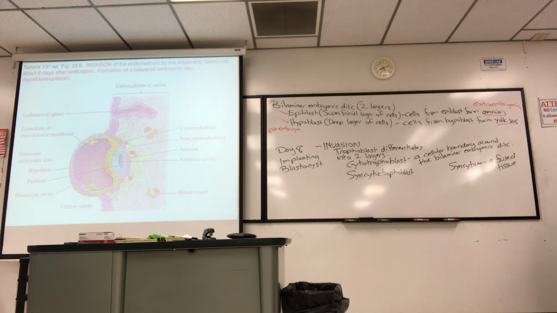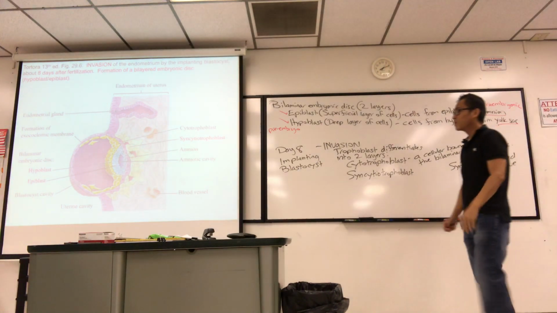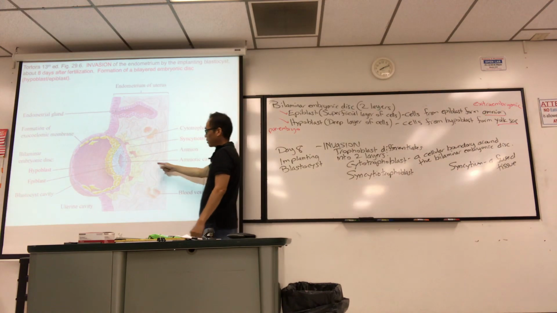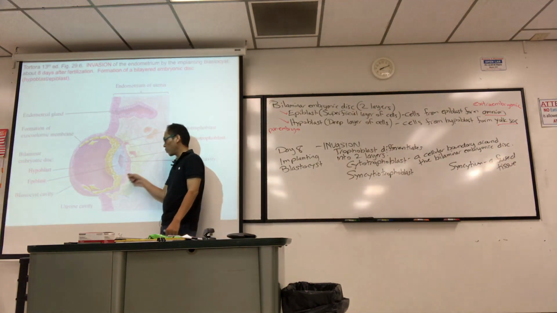They all just become fused together as one big cytoplasm blob. In this case, the cytoplasm has all these digestive things that allow it to digest endometrium and eat your way in. You get past the epithelium, you eat your way in.